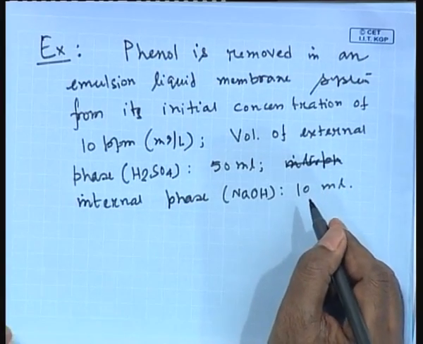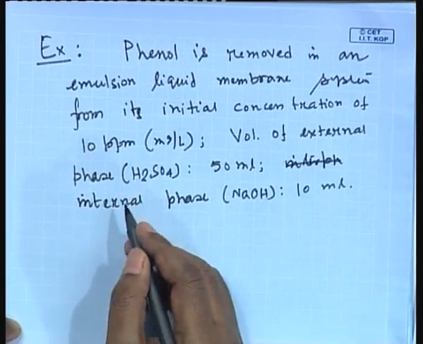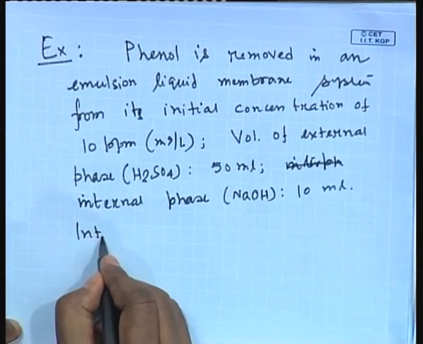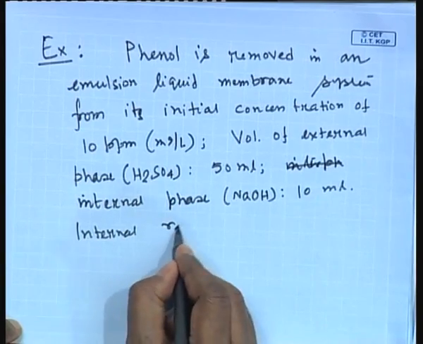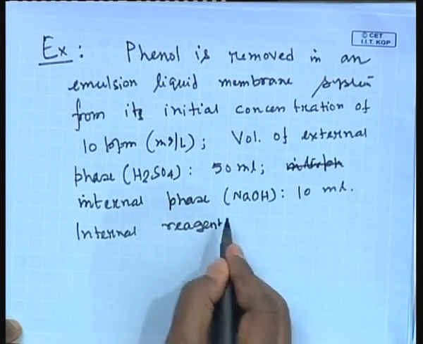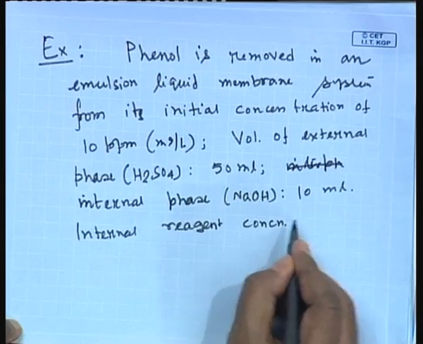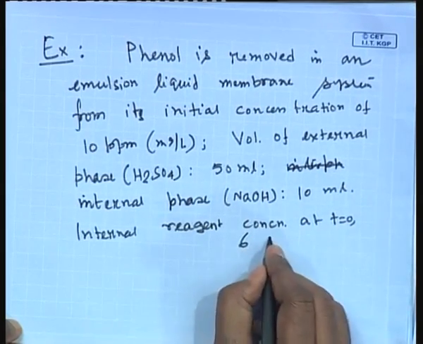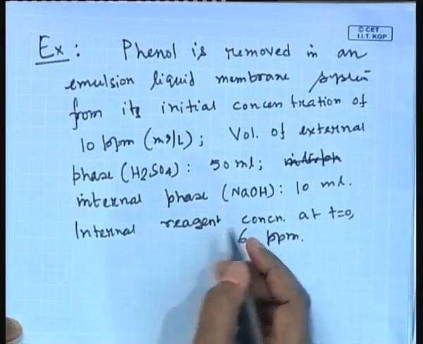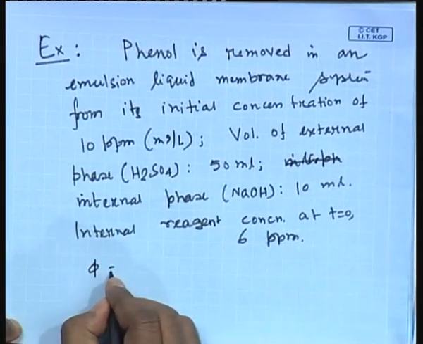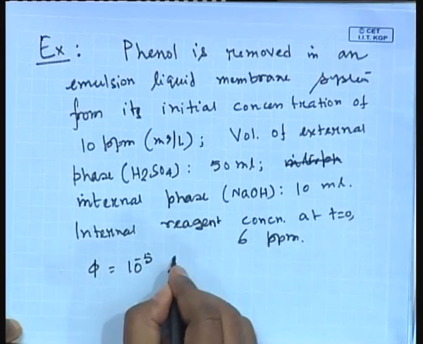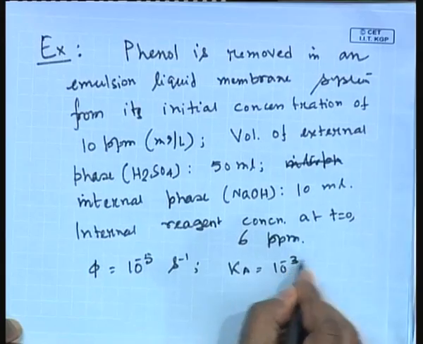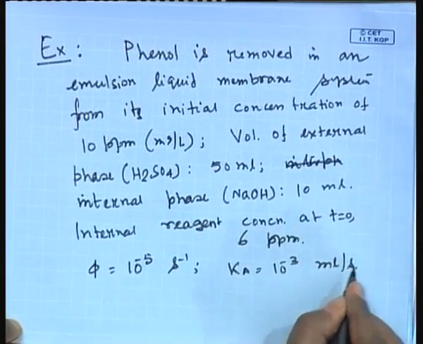So, initial values are given, and the internal reagent concentration at t equal to 0 was given as 6 ppm, 6 milligram per liter. The breakage coefficient is given as 10 to the power minus 5 second inverse, and K_a is given as 10 to the power minus 3 milliliter per second.